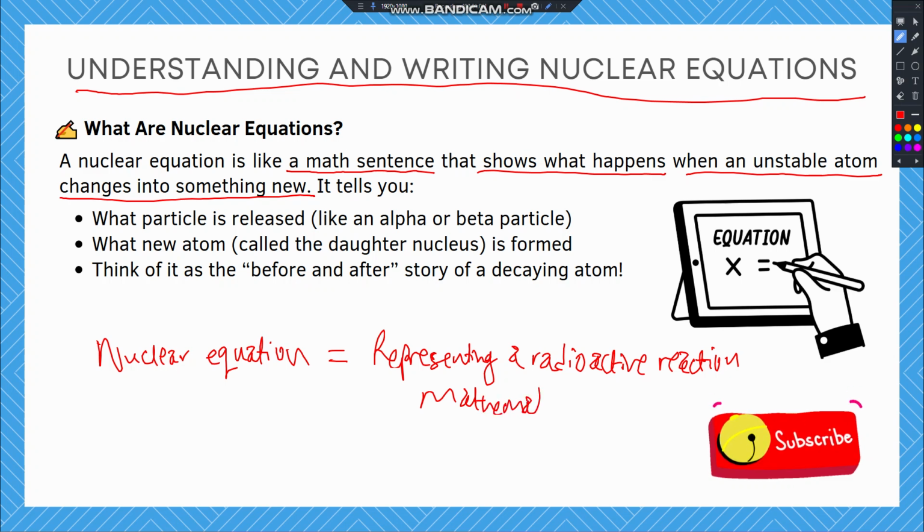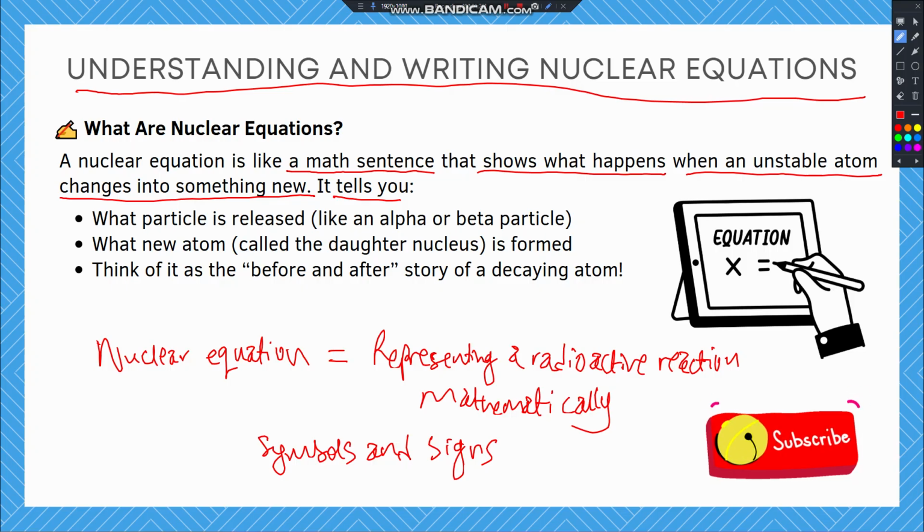So instead of writing it from A to Z with English, we simply use symbols and signs to denote what exactly is happening. So a nuclear equation simply tells you what particle is released, whether it is an alpha or a beta particle, and it tells you the new atom that is formed.